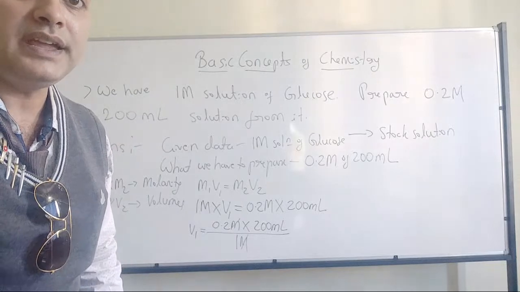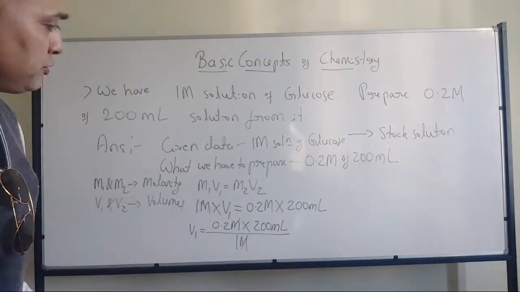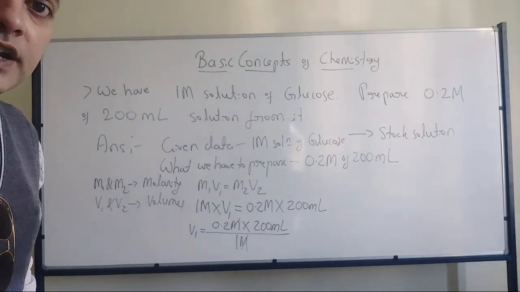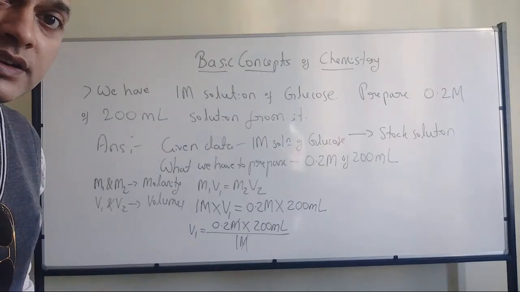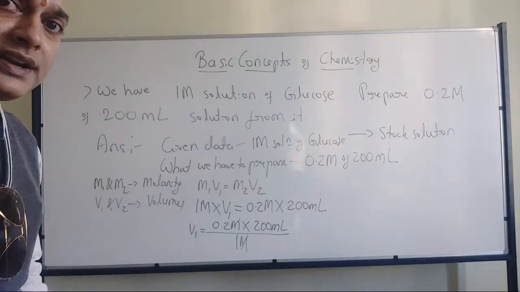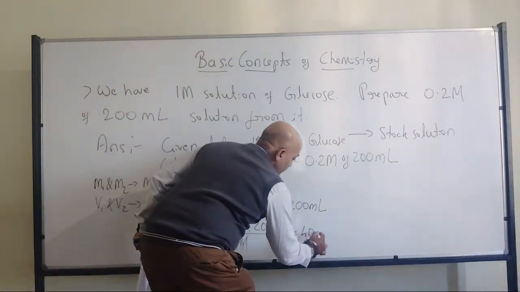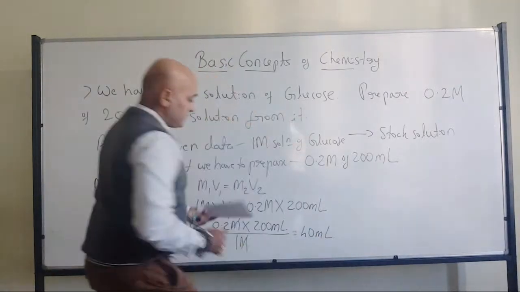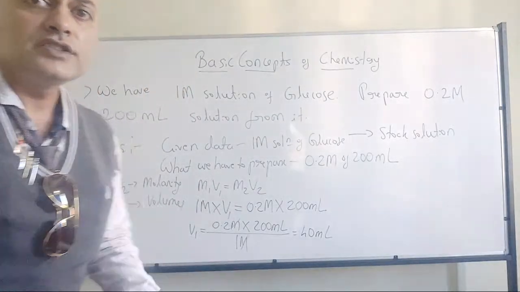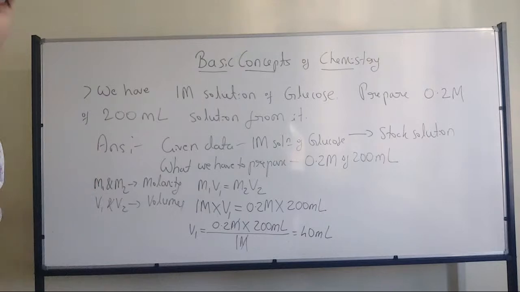How much will it be? 0.2 into 200, it will be 40. Fine. So I should take 40 ml of stock solution, and I should make the volume up to 200 ml. You got my point?